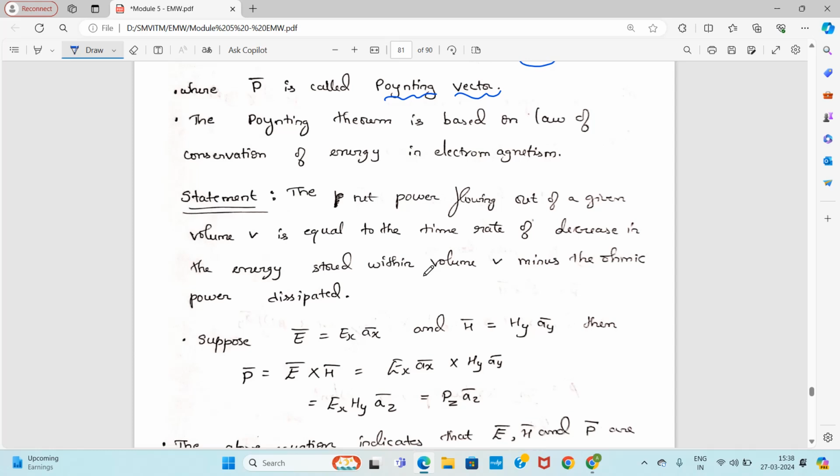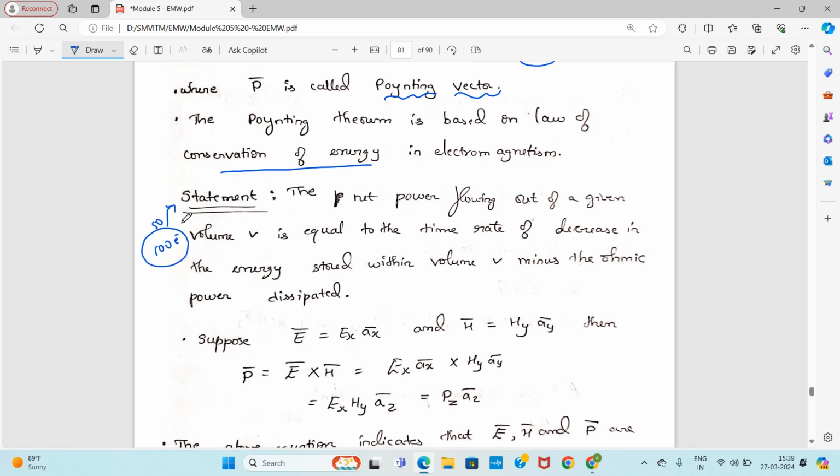Now coming to the Poynting theorem, it states that the net power flowing out of a given volume is equal to the rate of decrease in the energy stored within the volume minus the ohmic power dissipated. It is nothing but the law of conservation of energy. However much power is coming out, the same amount of power is reducing inside the volume. Say, for example, I have 100 electrons inside this.